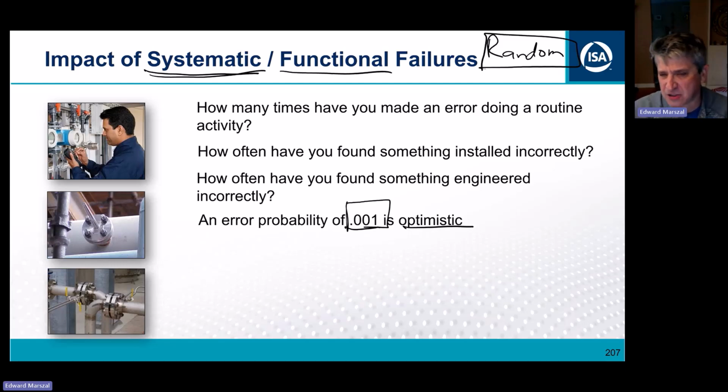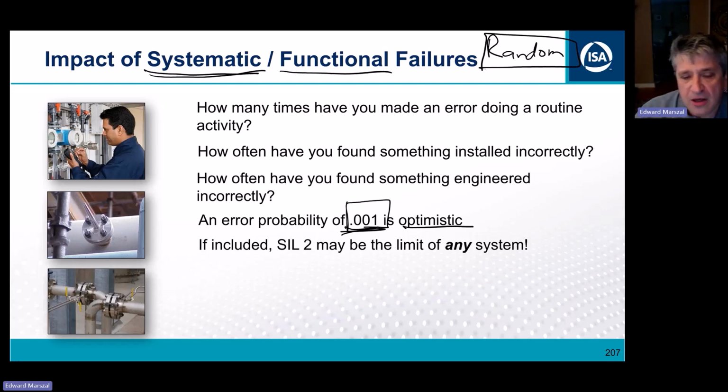I mean, if it was actually 0.001 for misjudging a red light, pretty much every intersection in the world would have an accident at least once a day. I mean, 1,000 cars going through an intersection in a day? Yeah. I digress.